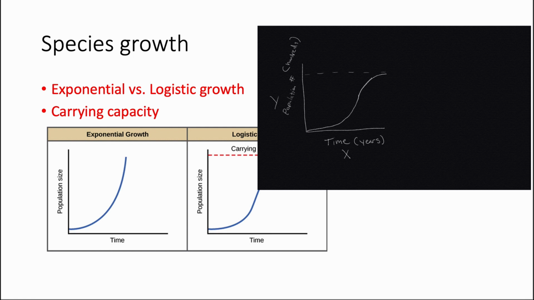So this is what we're seeing on the screen, but if we were to extend this x-axis, right, and this is what we see in nature, it doesn't just stop at carrying capacity. What actually happens, I'm going to erase this a little bit. What actually happens, it decreases at a decreasing rate, but it actually goes past carrying capacity, right?